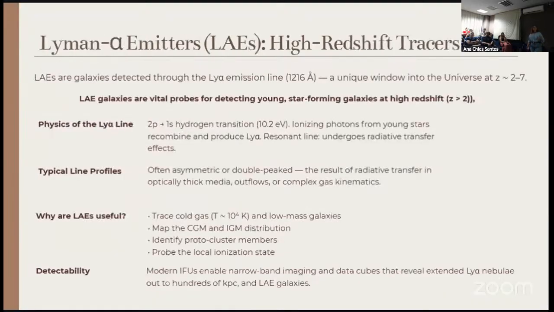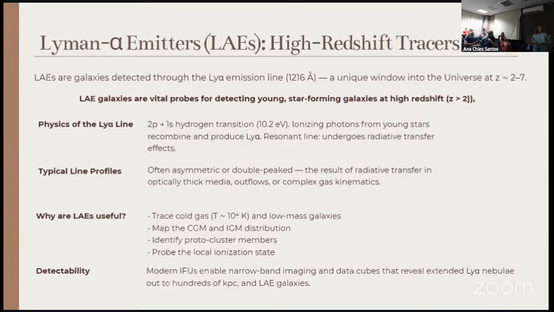So my work focuses on defining Lyman-α emitters. Lyman-α emitters are galaxies where you can find a strong Lyman-α emission, and we can easily see these galaxies in the universe at about redshift 2 to 7.